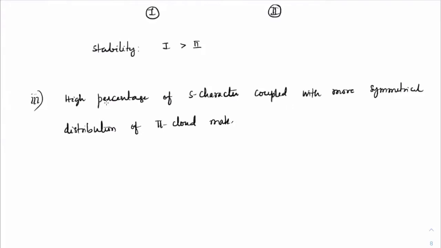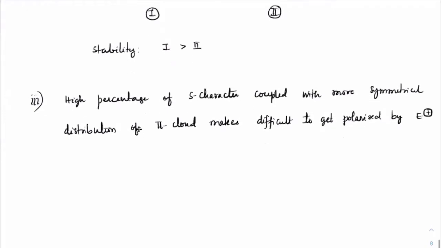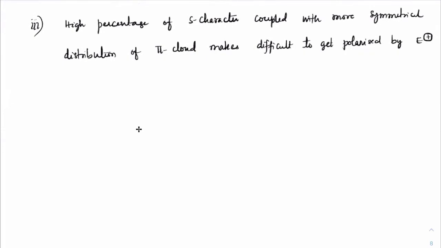This makes it difficult to get polarized by an electrophile. So if an electrophile is approaching, it becomes very difficult to even get polarized. I'll give you bond data to understand this easily.